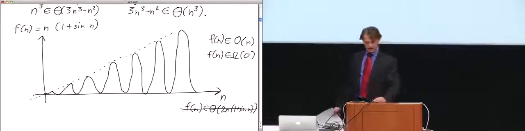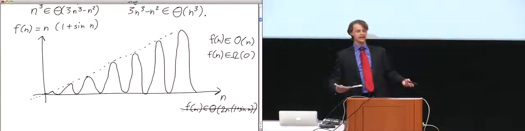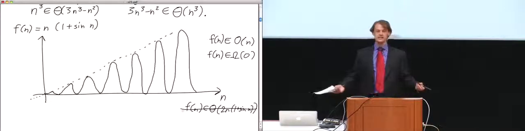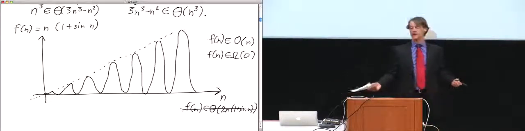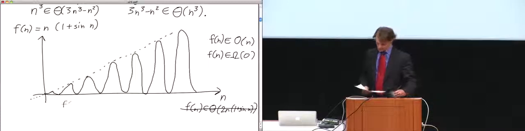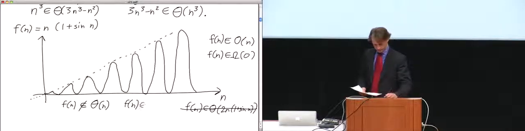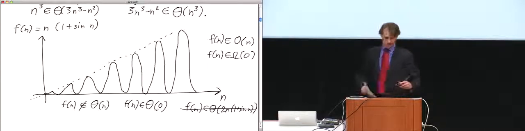So you can use big theta notation with this function, but not in a meaningful way that communicates anything useful. So this is an example of a function that's just not in big theta of something simple. It's definitely not in theta n, because it revisits 0 an infinite number of times. And it's definitely not in big theta of 0 either.